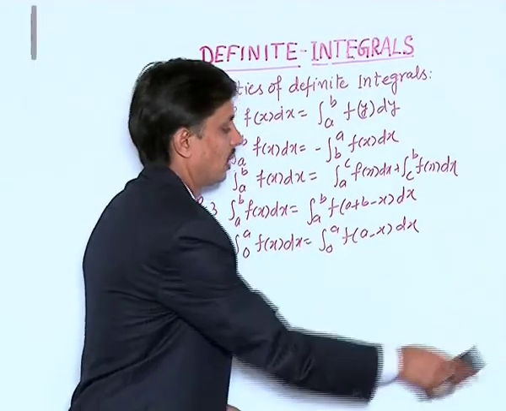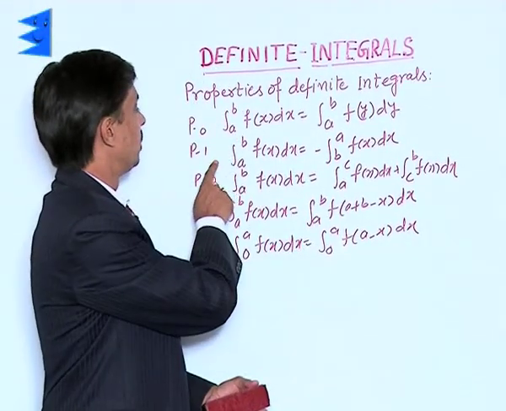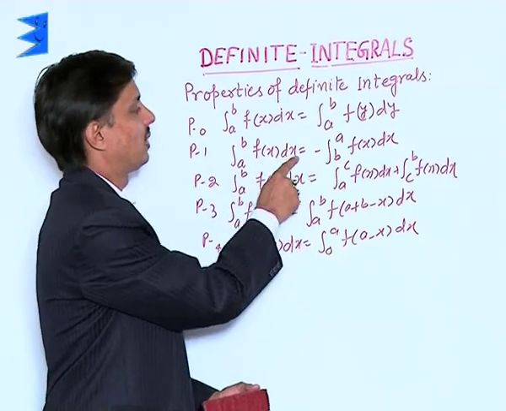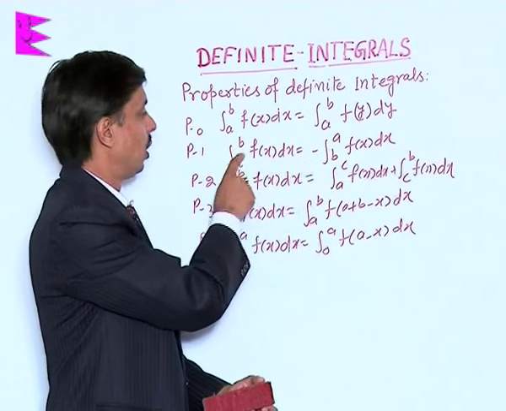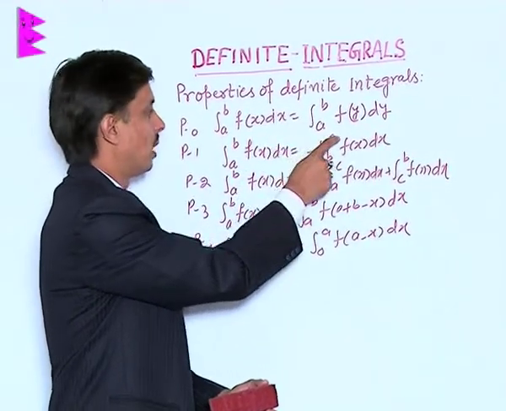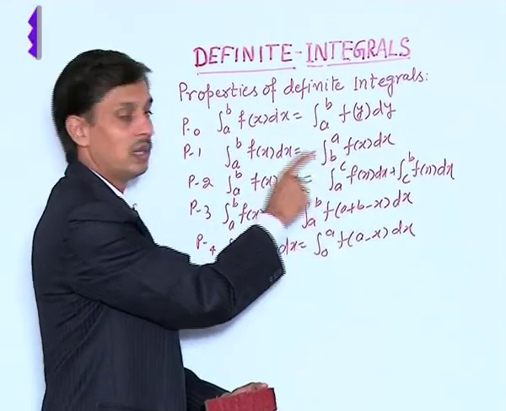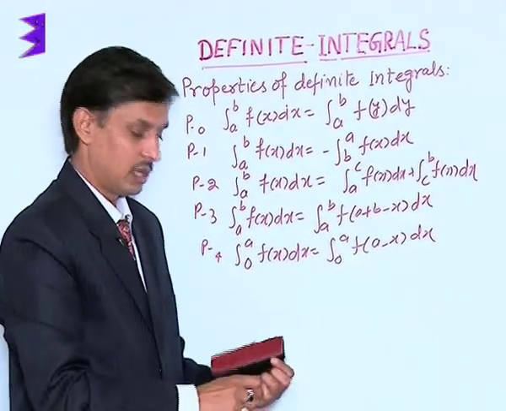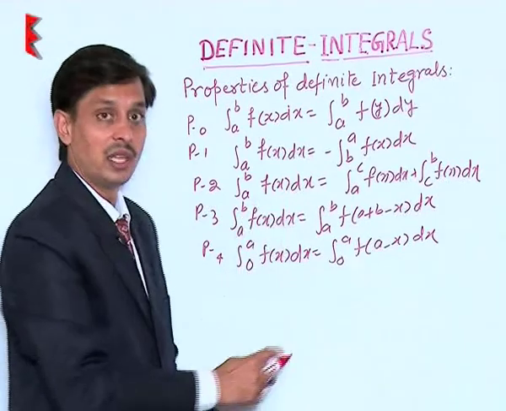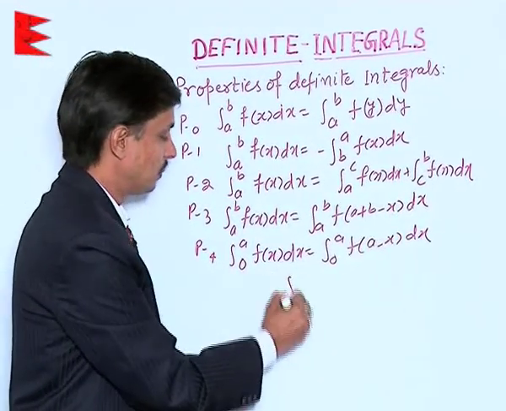Now the second property: the integral from a to b of f(x) dx, if the limits are reversed, the lower limit a made upper and the upper one taken lower, then the answer comes as the negative of the integral. Let me explain this property with the help of one example.